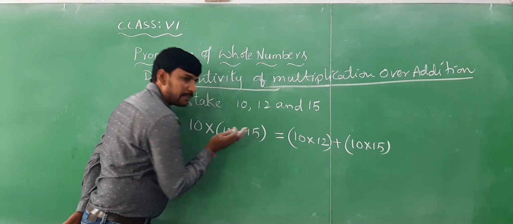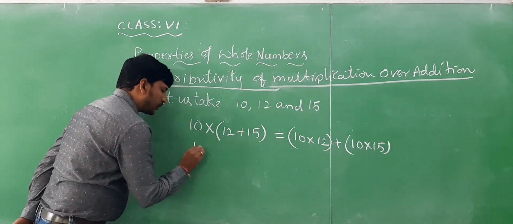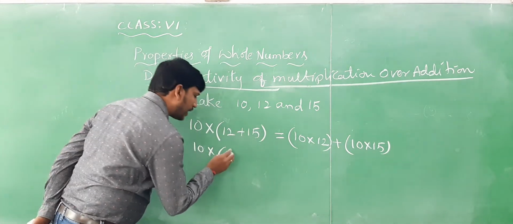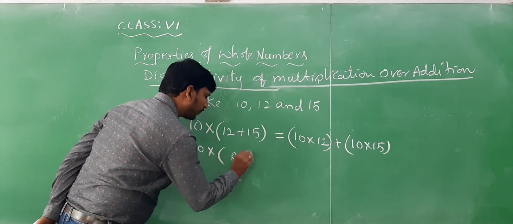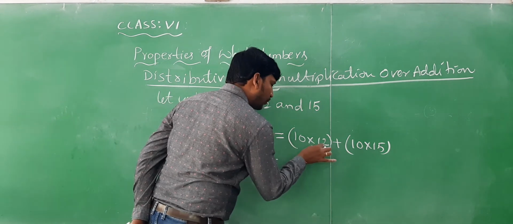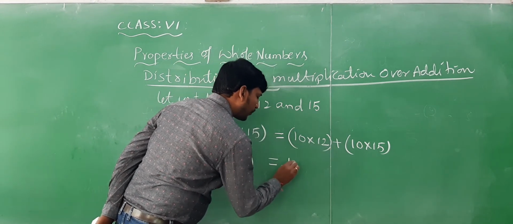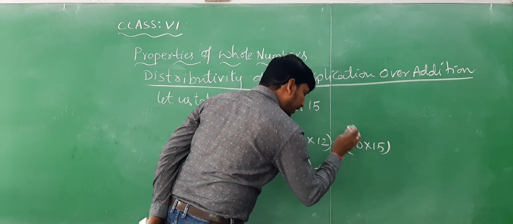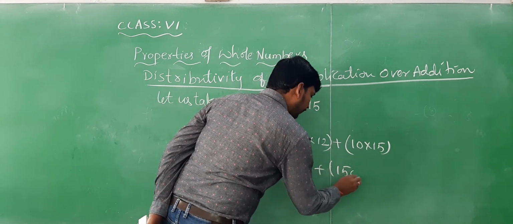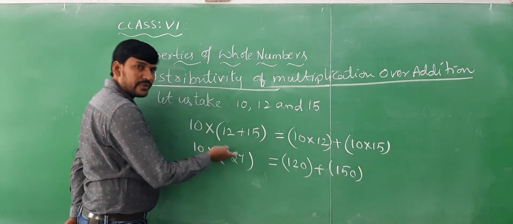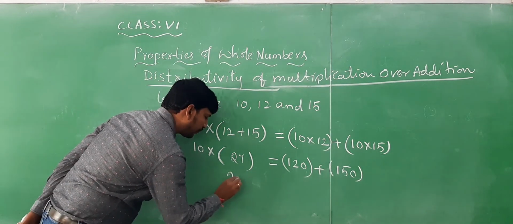Clear? Now, just now I told you, in the associative property, we need to simplify the first bracket part. Now 10 into, as it is, 12 plus 15. 12 plus 15 is 27. Now 10 into 12, 12 tens are 120, plus 10 into 15, 15 tens are 150. Now 10 into 27, 27 tens are 270.